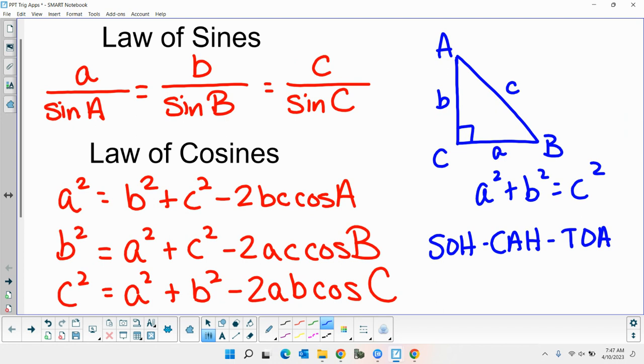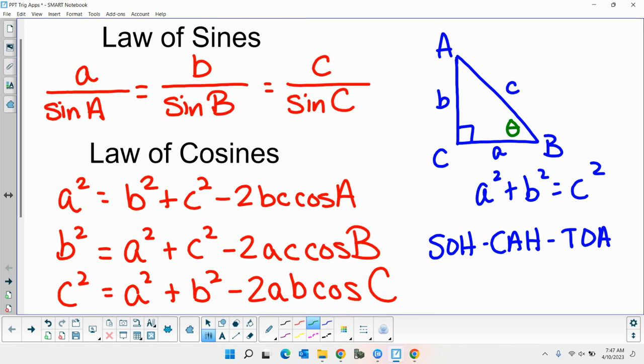Remember, sine was opposite side over hypotenuse, and if we say theta's over here where B is, then opposite side is B and hypotenuse is C. Hypotenuse is always C, right? If we're looking at the sine of angle A, opposite side's A and hypotenuse is still C, right? Cosine is adjacent. So if I'm looking at theta here, it would be A over C.